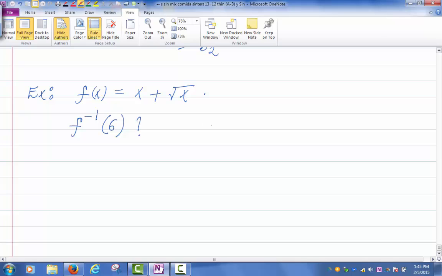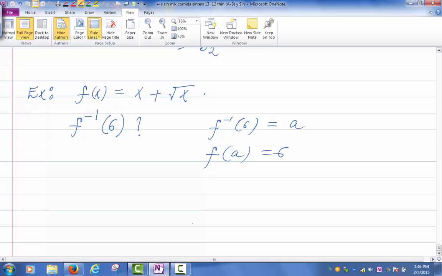And notice that, let's say f inverse of 6 is some number a. We are trying to find a. Well, what would that mean? It means that f inverse is taking 6 to a. But then f will take a to 6.